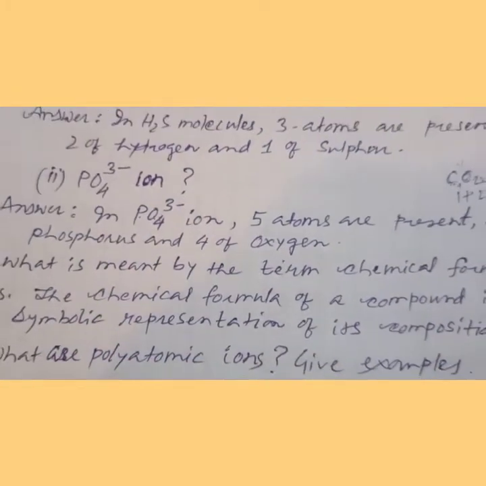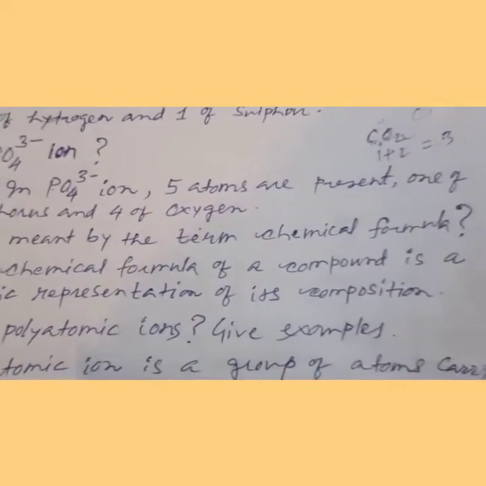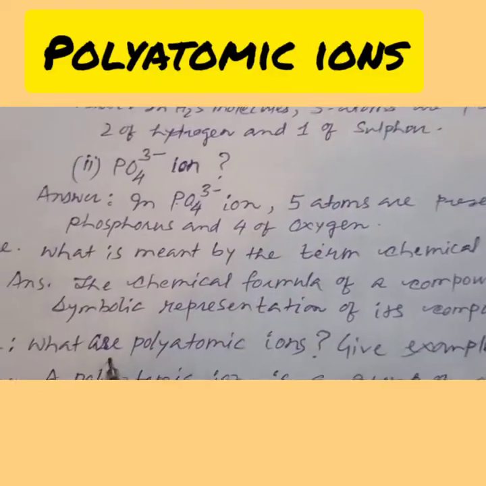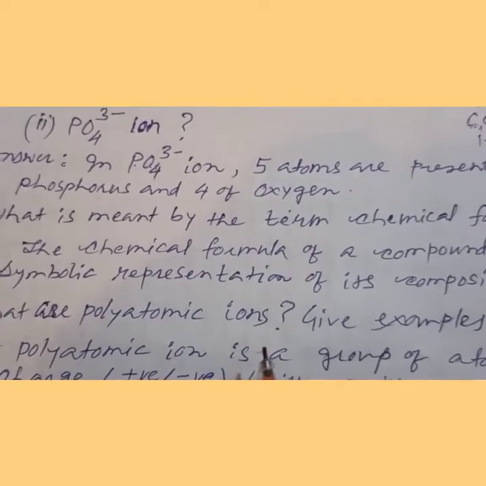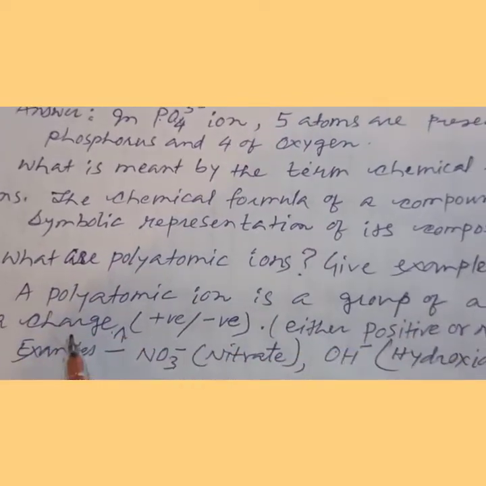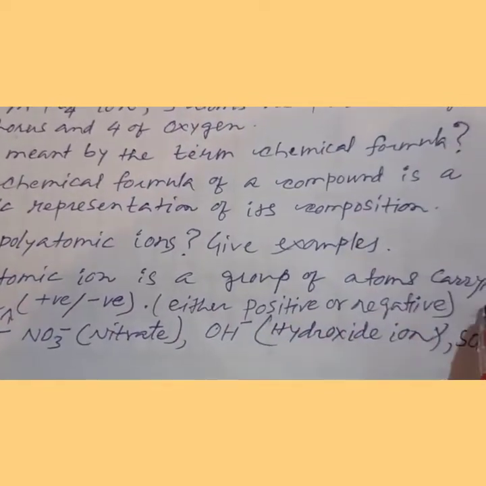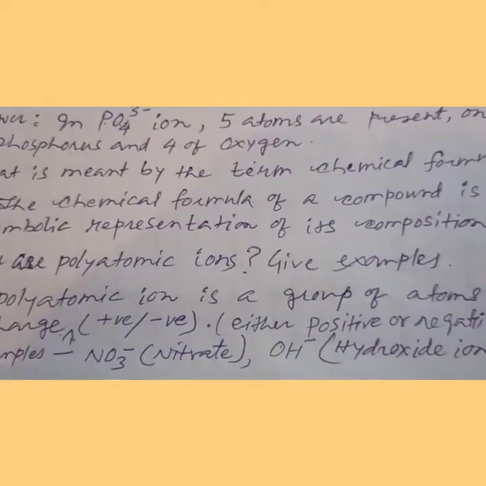Okay, next. Just check the next one. What are polyatomic ions? Give examples. So polyatomic ion means what? It is actually a group of atoms carrying a charge.